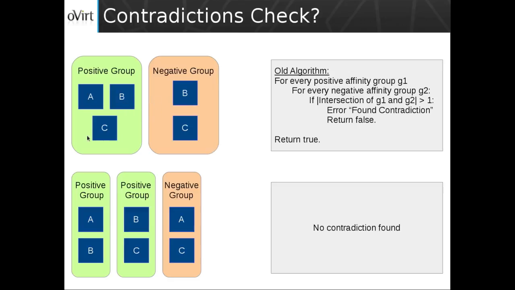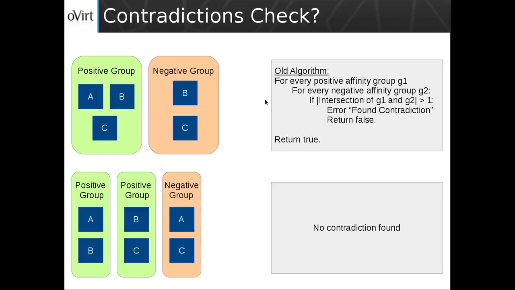The same goes for these two. So the intersection of these two affinity groups is B and C. That's the contradiction. You can't have B and C on the same host and at the same time have them on different hosts. So that's the contradiction here.